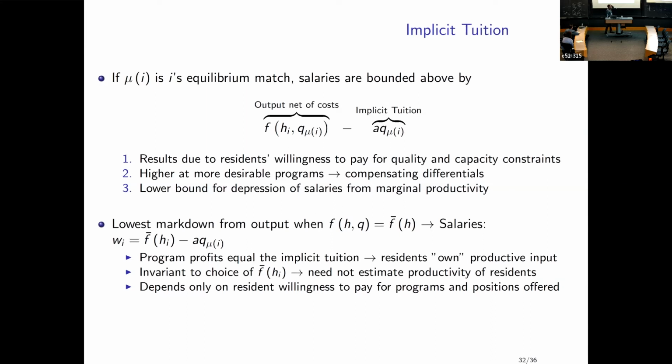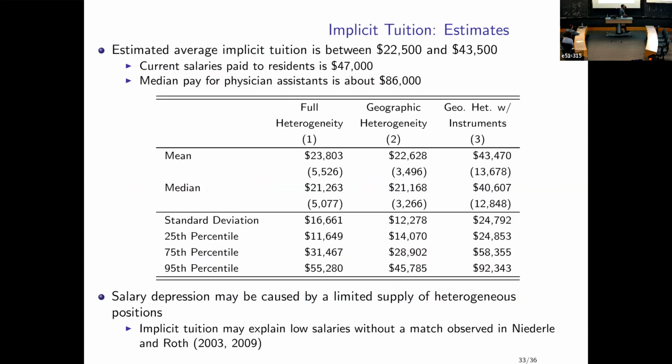Okay, so you can take these estimates and then you can quantify that implicit tuition by solving for the lowest markdown that is sustained in any equilibrium. You can look at the paper if you're interested in that. That's not the point of the exercise here. It's just to show you that the estimated implicit tuition, depending on the range of estimates, is between 23,000 and 43,000.